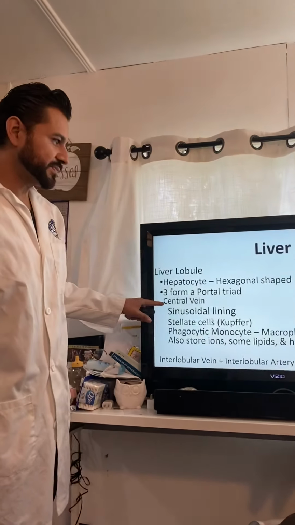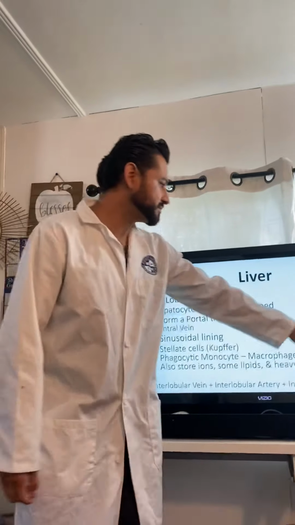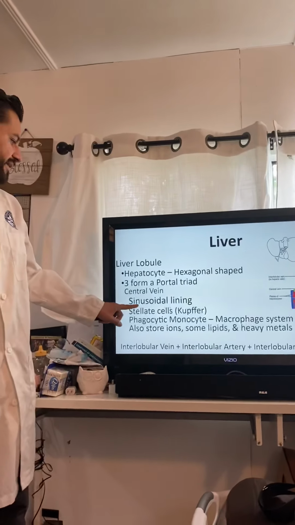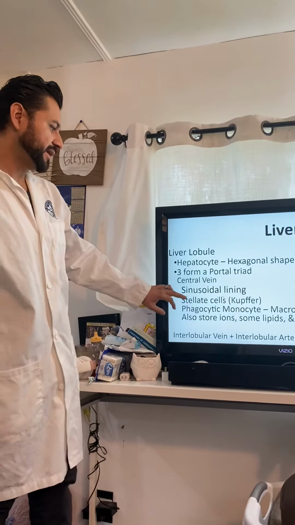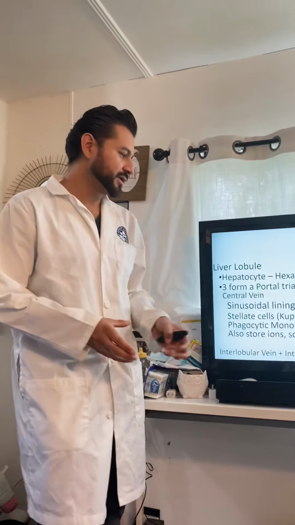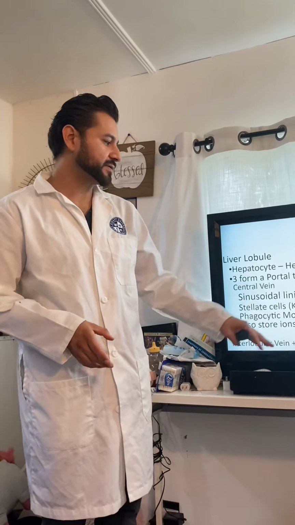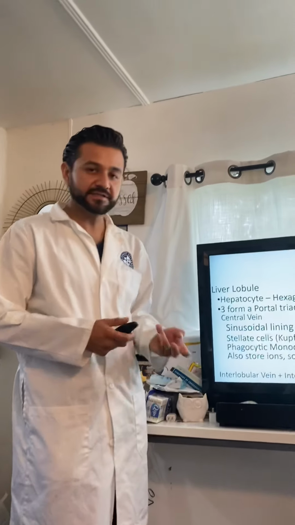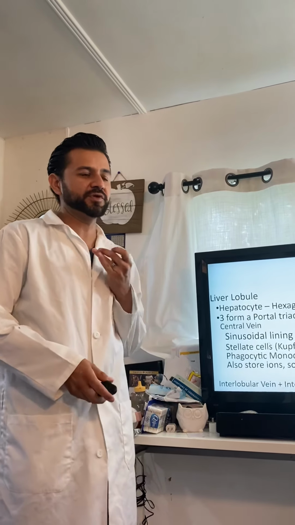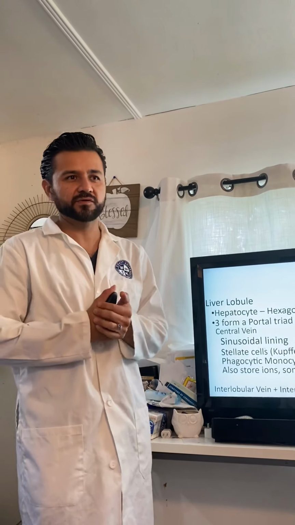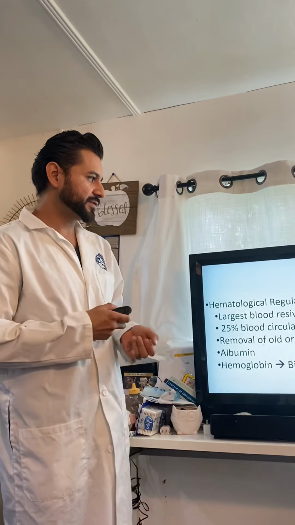Something interesting about the central vein is that it's lined by sinusoidal lining, and inside the sinusoidal lining are the stellate cells, or Kupffer cells. These Kupffer cells do most of the immunological and enzymatic processes of the liver.